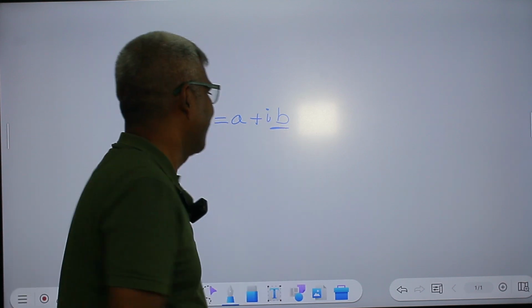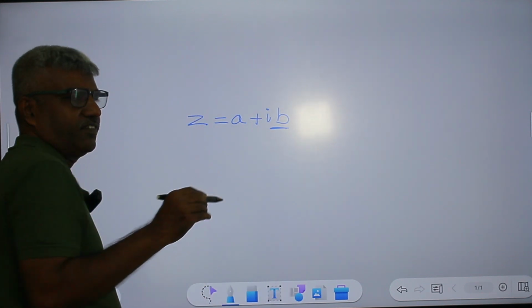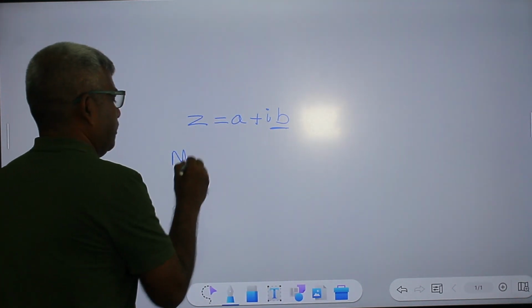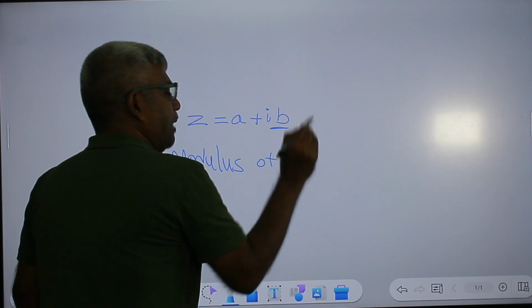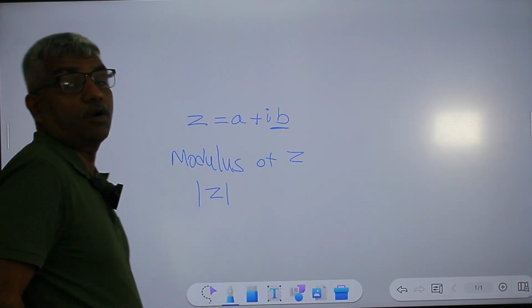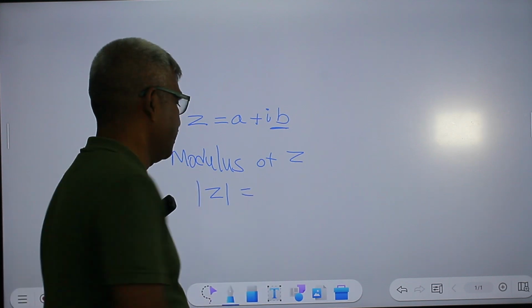Okay. Now, modulus of Z or amplitude of Z. How to represent Z? What is the value of modulus of Z?